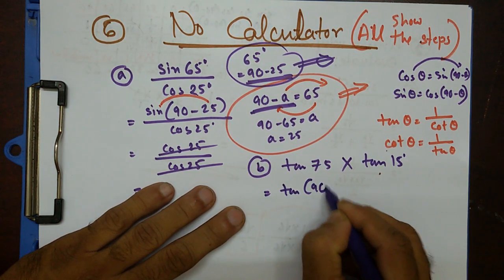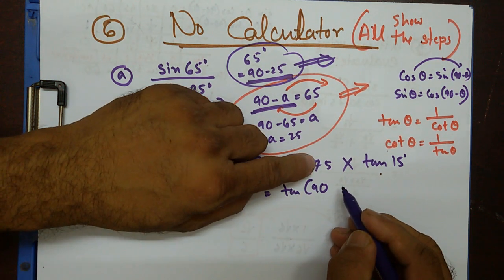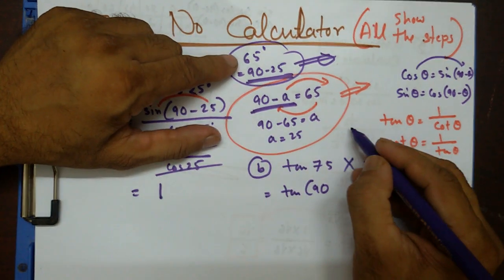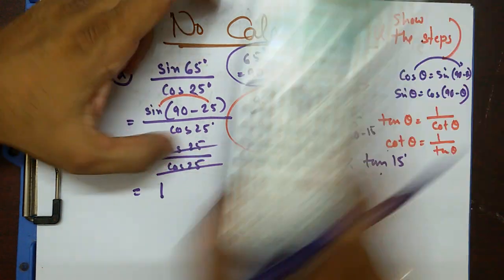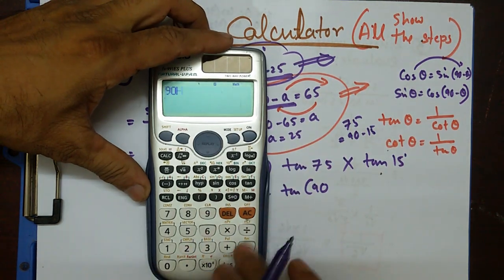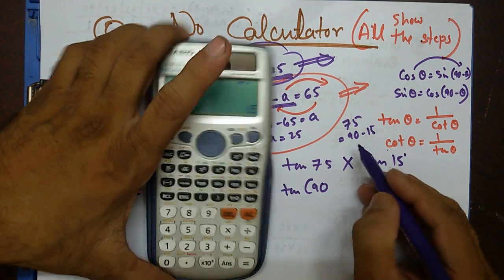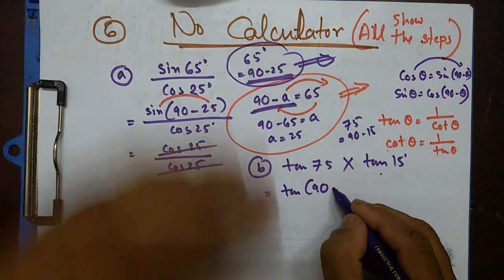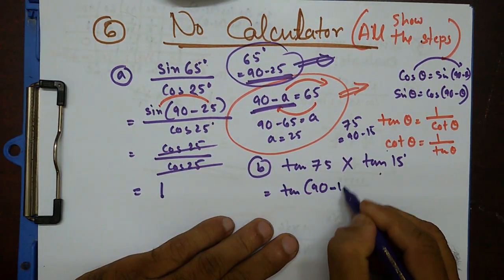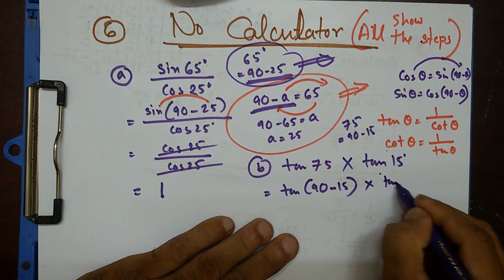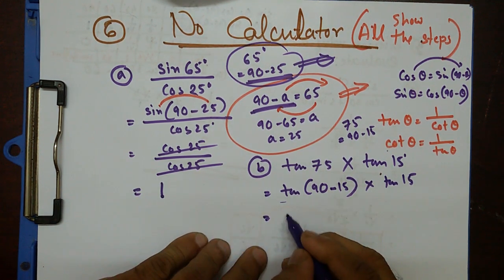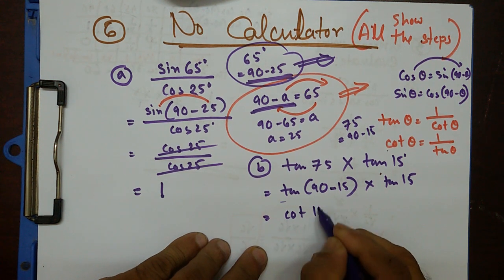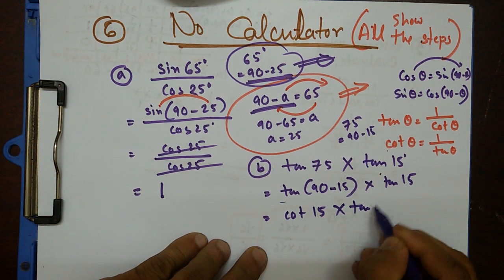Tan 90 minus what makes 75? If I go like that, 75 can be written as 90 minus 15. You can do that. 90 minus 75, that's going to be 15. So 90 minus 15 is always 75. So that's tan 90 minus 15 times tan 15. Okay, now this is going to be cot 15 times tan 15.